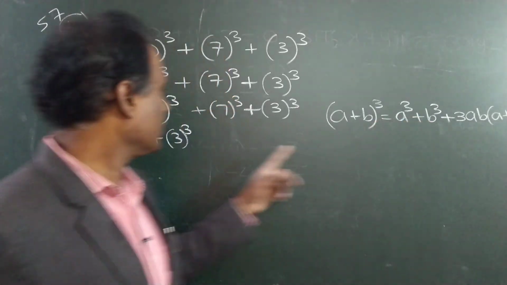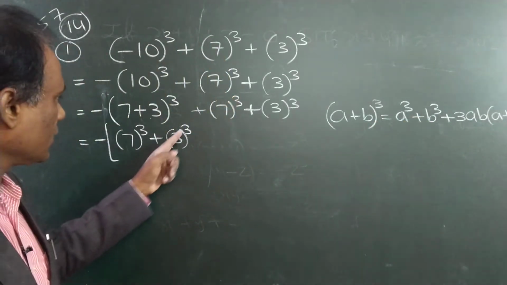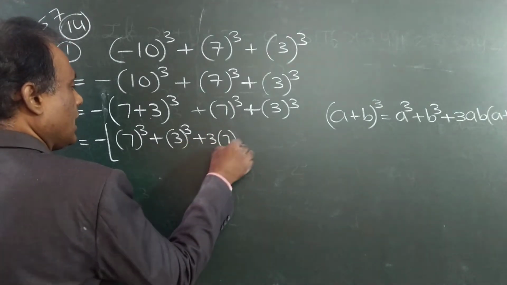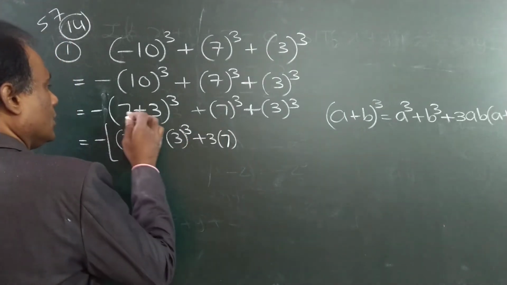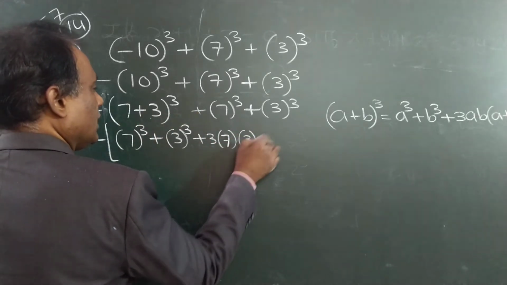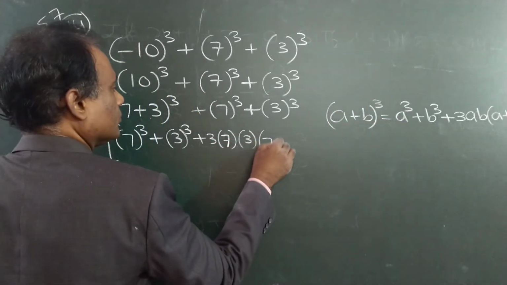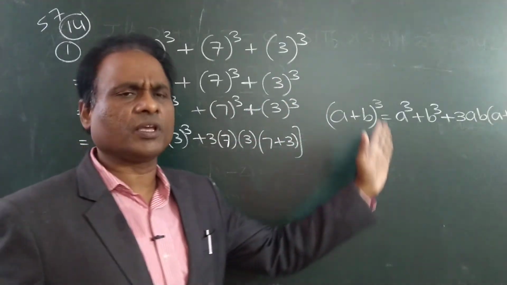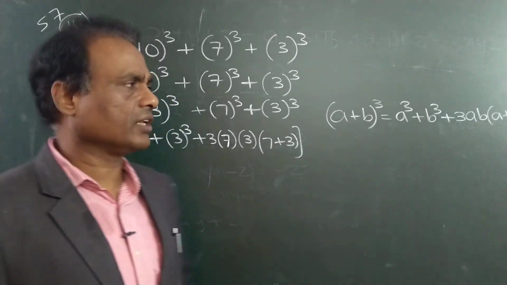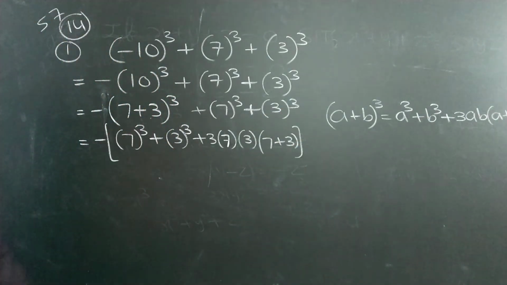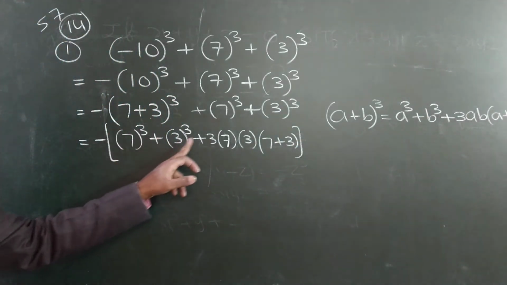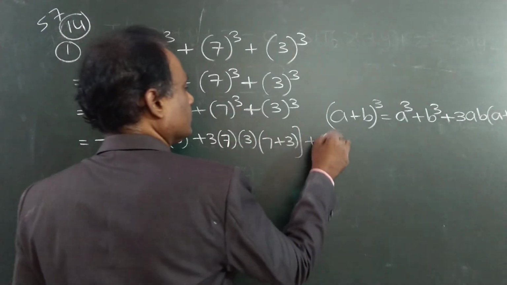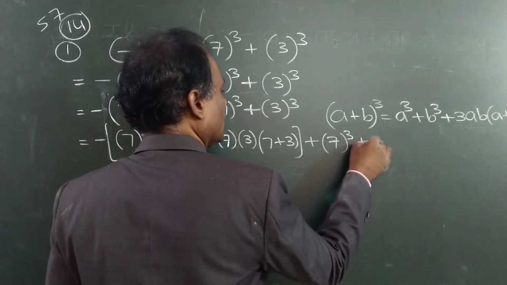A cube plus B cube plus 3AB into A plus B. 3 into A is 7, into B is 3 into A plus B. Or A cube plus 3A square B plus 3AB square plus B cube, like that also we can use. A plus B whole cube, two ways I gave the formula. A cube plus B cube plus 3AB into A plus B. This is same.